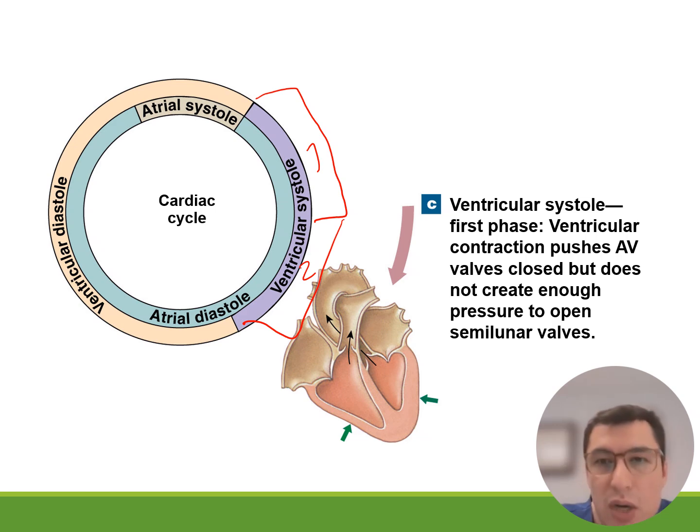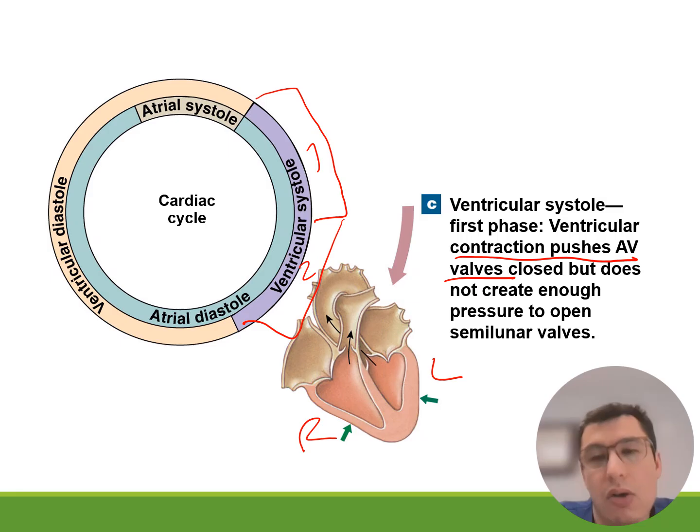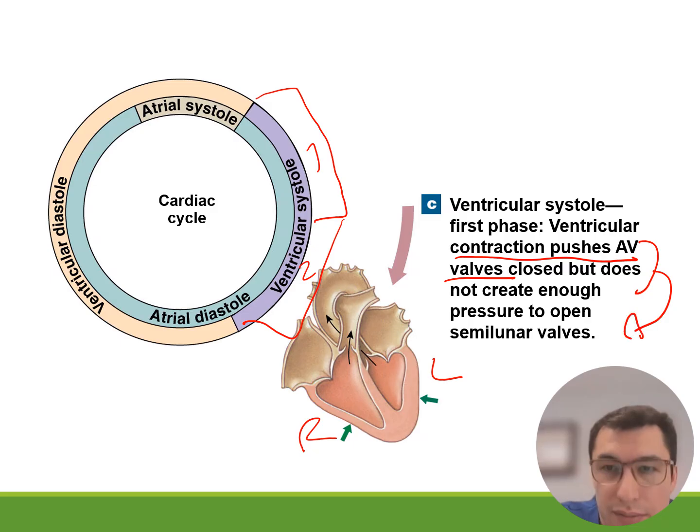With that, the atrioventricular valves close first. On the right side of the heart, we close the tricuspid valve, and on the left side, the mitral valve. This gives rise to our first heart sound. When we first close the atrioventricular valves, you hear the first heart sound, and that is from the early phase.